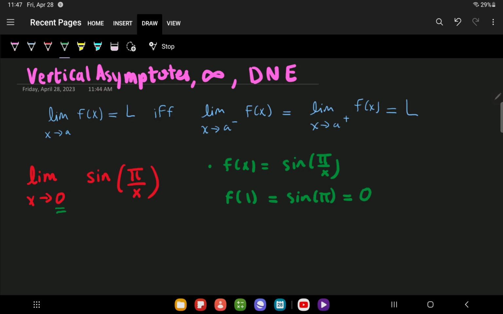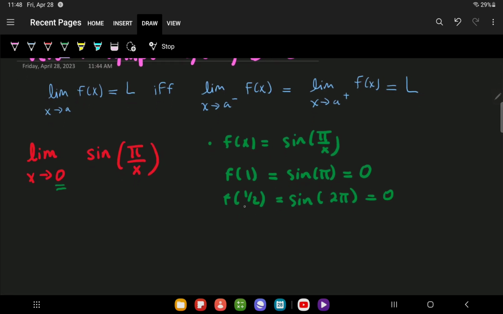Now let's plot a couple of points. Let's keep going closer between 1 and 0. What happens when we plug in a half? Well, that is sine dividing by a fraction. It's the same thing as multiplying by the reciprocal. Sine of 2 pi, which is 0. f of 1/3 is sine 3 pi, still 0.